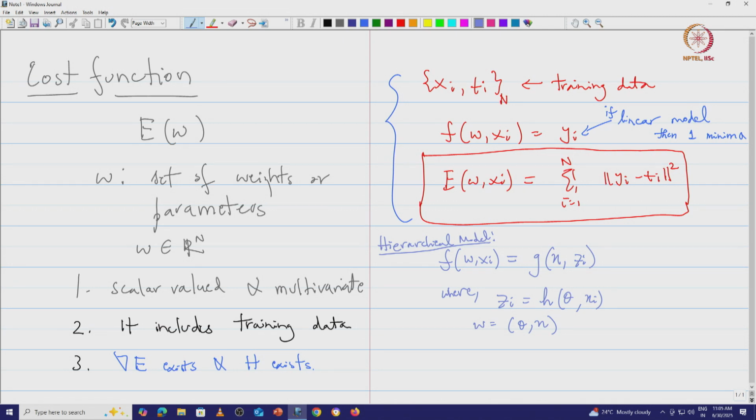The most famous hierarchical model used everywhere across industry and academic problems is the neural network. Every layer corresponds to a nonlinear model, and every next layer is a composition of the nonlinear models in the previous layers. So this is a very clear example of a hierarchical model.